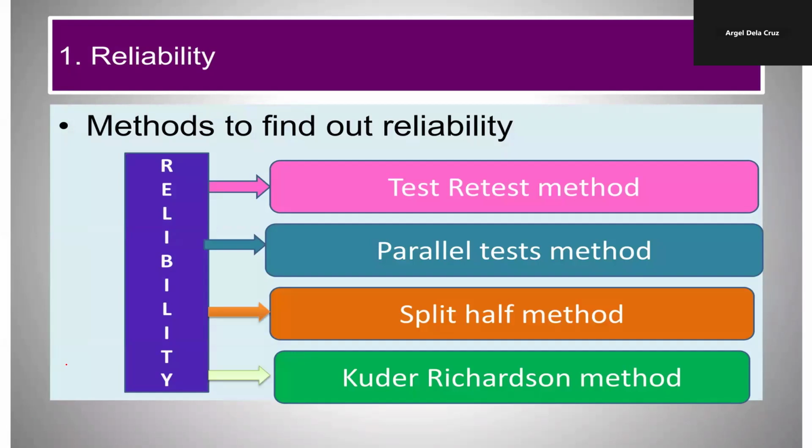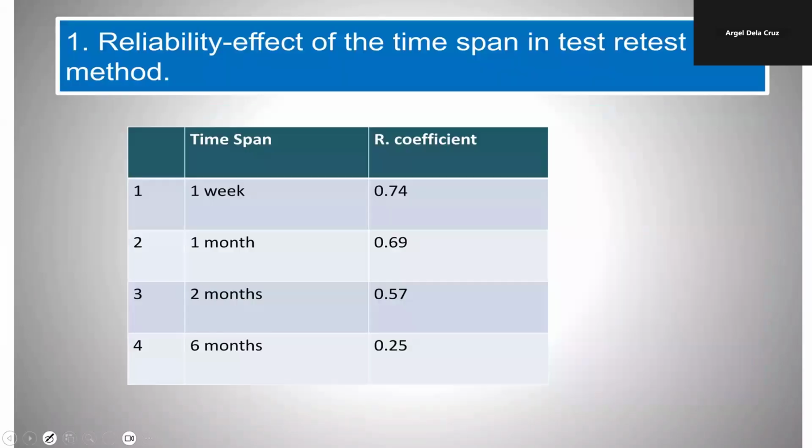So the method to find out reliability, and the most common, is what we call the test and retest method. So how would you know if your response is consistent? Simple. For the test and retest method, for example, I tested your competency in skills, for example, tour guiding.